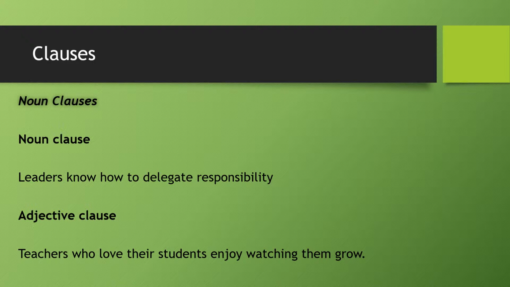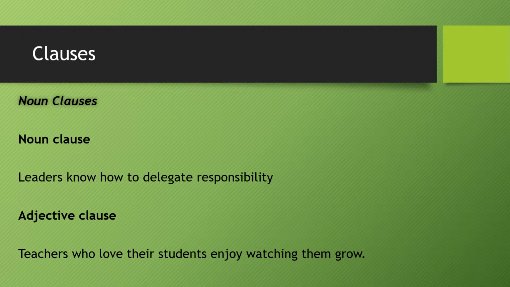A noun clause: leaders know how to delegate responsibility, and an adjective clause: teachers who love their students enjoy watching them grow. Now, how do we determine, again, the difference between a noun clause and an adjective clause? Well, again, look at the first sentence.